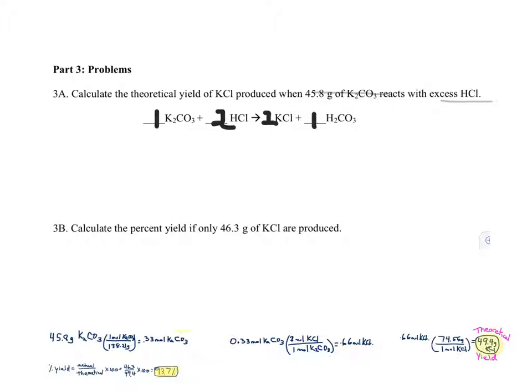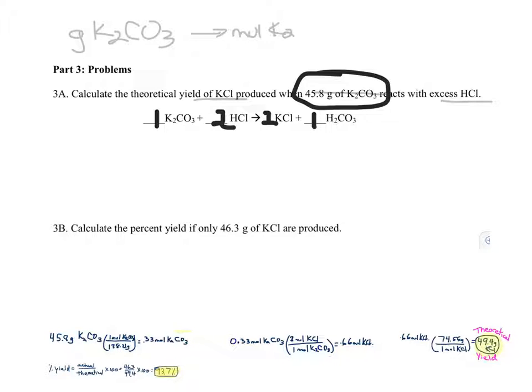I'm starting with 45 grams of K2CO3. I need to go to KCl. So I'm going to go grams of K2CO3 to moles of K2CO3 because stoichiometry must be done in moles.